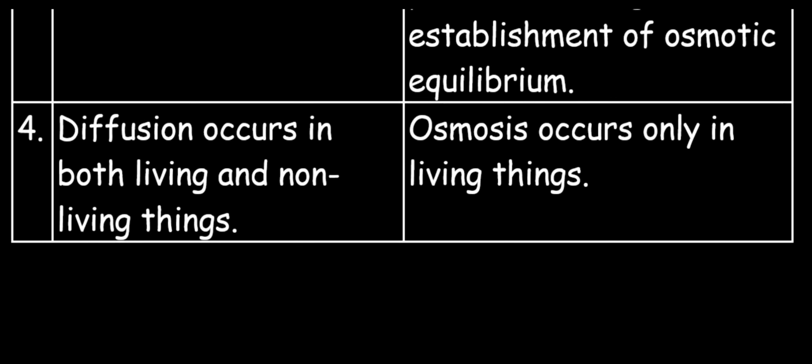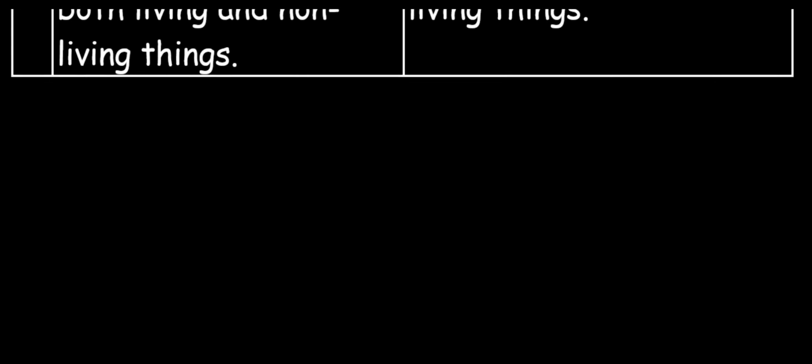Let us describe theoretically an experiment on osmosis. This experiment will also be shown in a live practical session, but now, for the purpose of understanding this concept, we will be describing it theoretically.